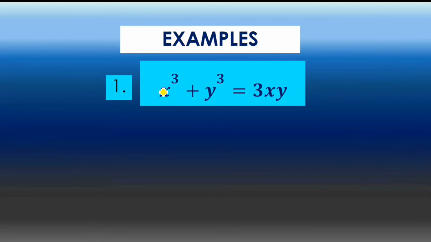Please, before you get the derivative of a given equation, try to look at the terms first, okay? If you see that the x and y are on the same side, just like this, we have here the left and we have here the right, then what you're going to do is implicit differentiation.